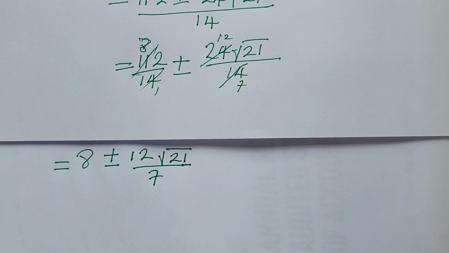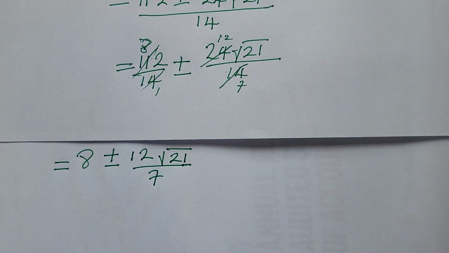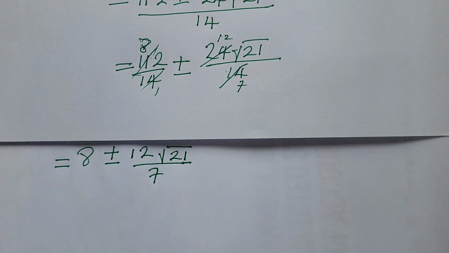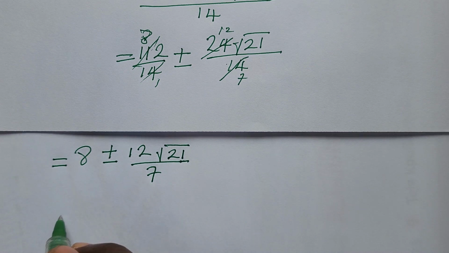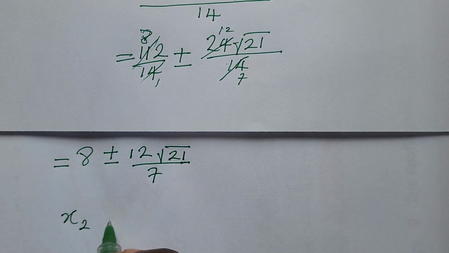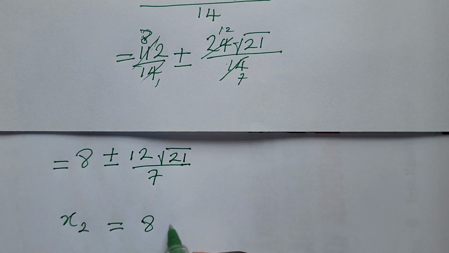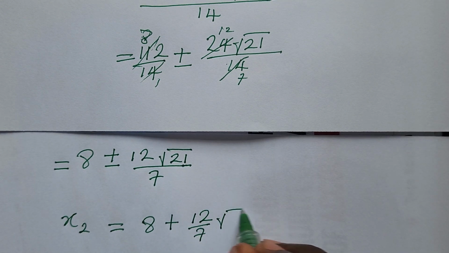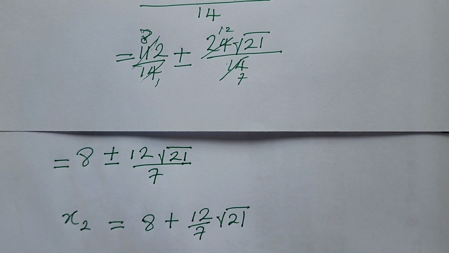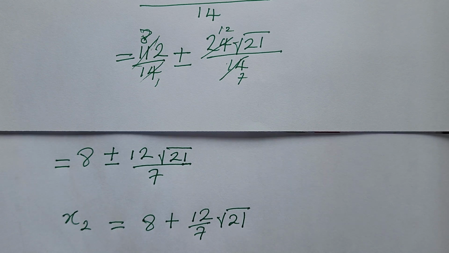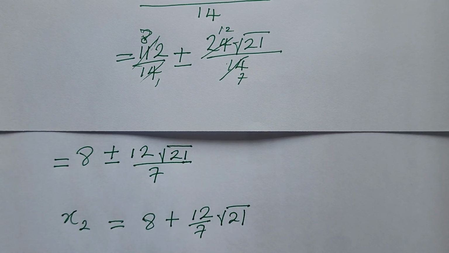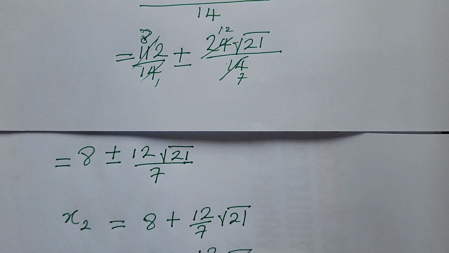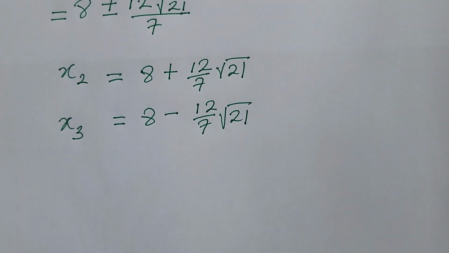So we are getting there right now. So we can split our answer to give us our x2 will now be equal to 8 plus 12 all over 7 root 21, and our x3 is equal to 8 minus 12 all over 7 root 21.